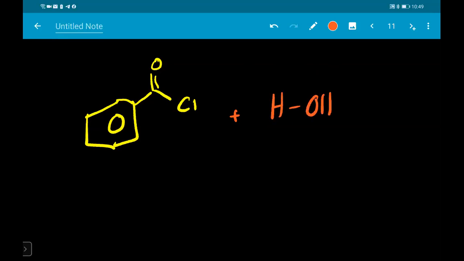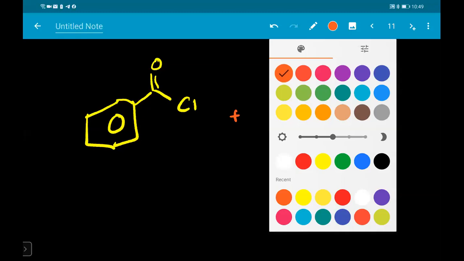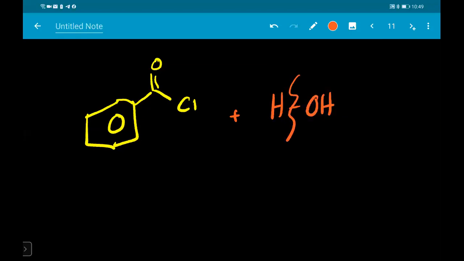HOH, divide it into two. Remember which one is A prime: between H and OH, H will always be A prime, the rest will become B prime.